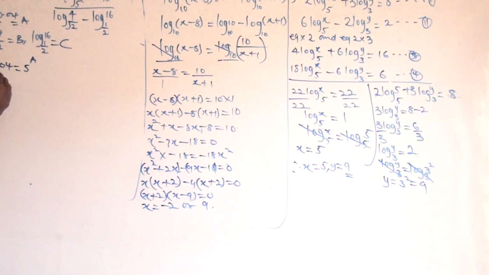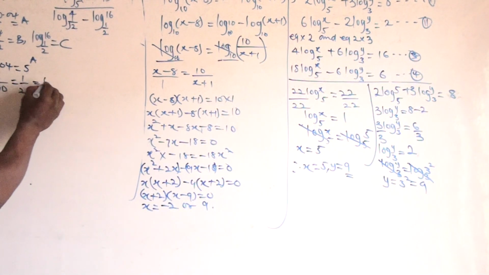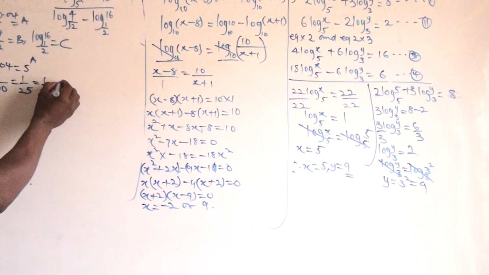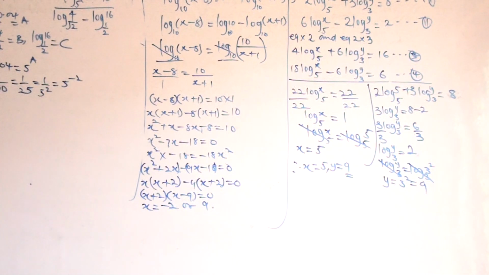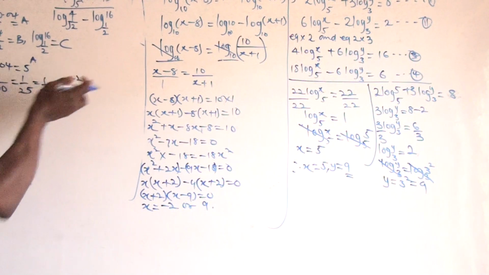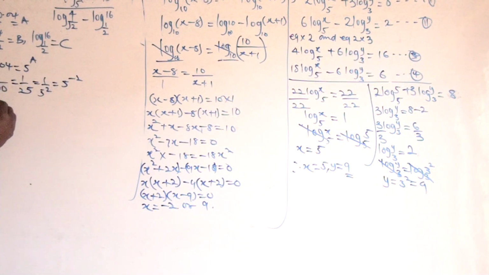But 0.04 can be written as 4 over 100, and this can also be written as 1 over 25, and this can also be written as 1 all over 5 raised to power 2, and it can also be written as 5 raised to power minus 2. Okay, so 5 raised to power minus 2 is equal to 5 raised to power a. Now you equate the power, so that the value of a here is equal to minus 2.